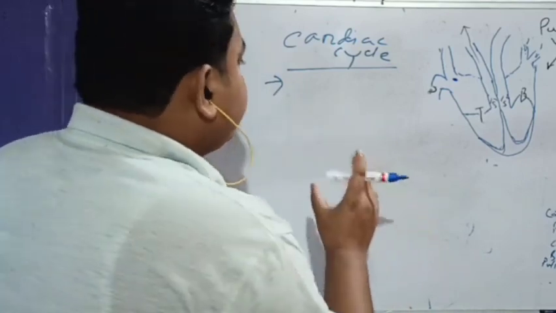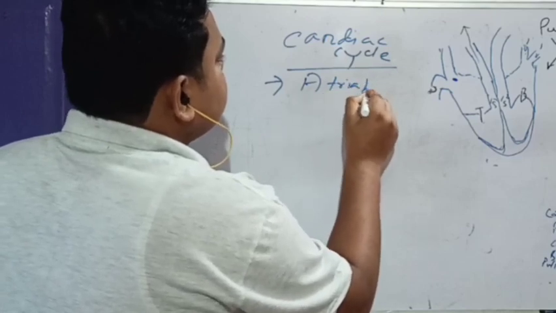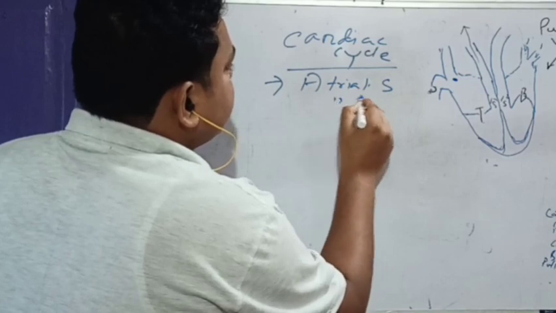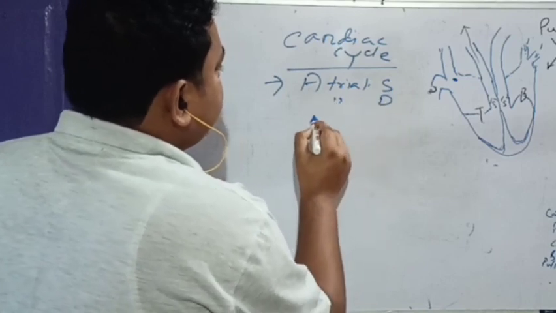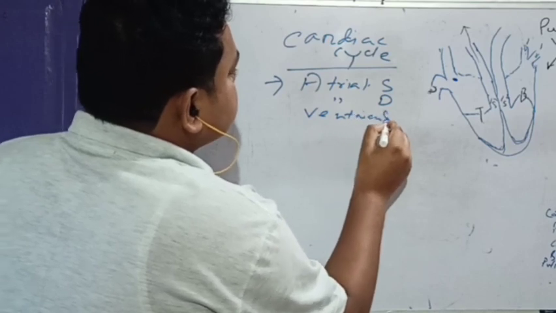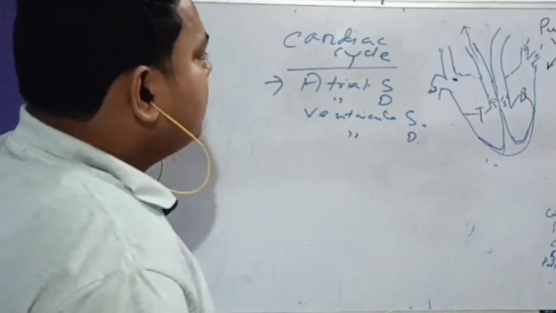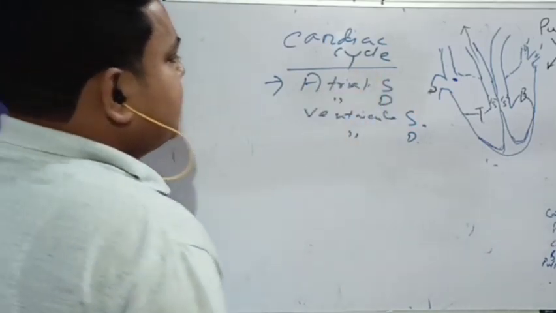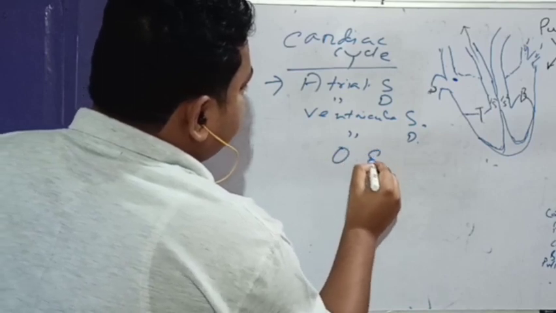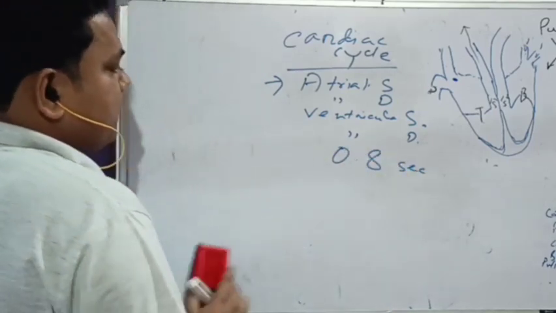So atrial systole plus atrial diastole and ventricular systole and ventricular diastole, all combined, is called the cardiac cycle. And the cardiac cycle takes 0.8 seconds. This is the cardiac cycle.